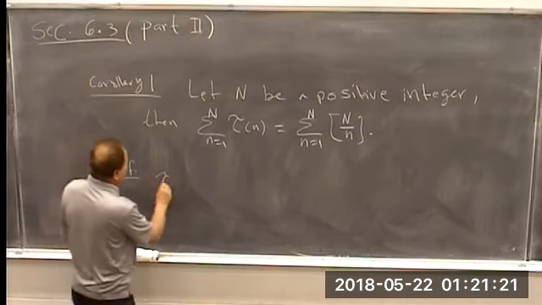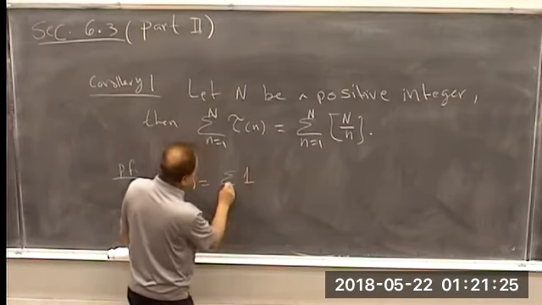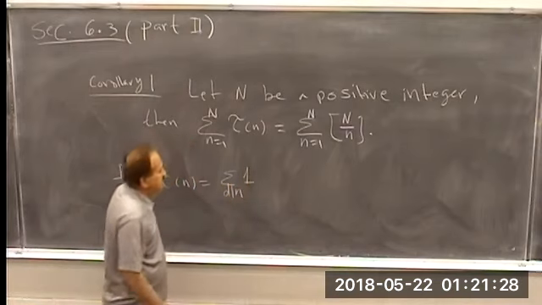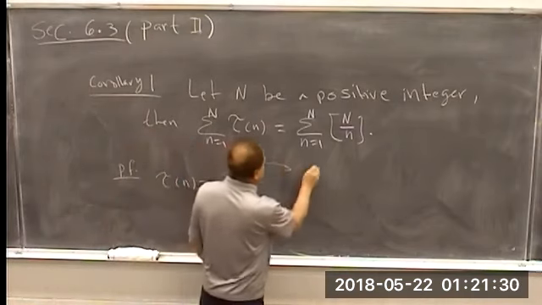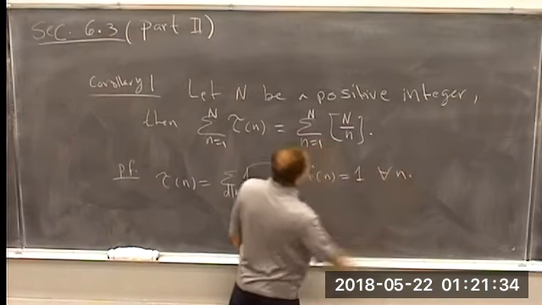Remember that tau of n is equal to this. In other words, the function in here which we are using is 1 for every n.